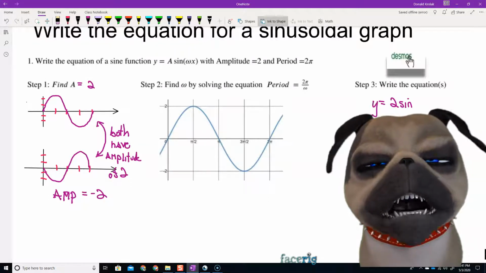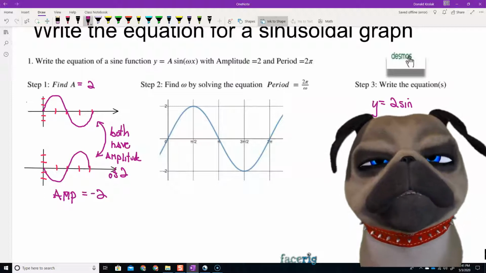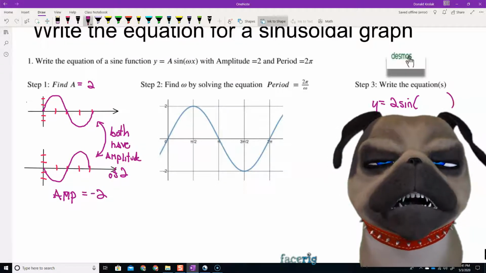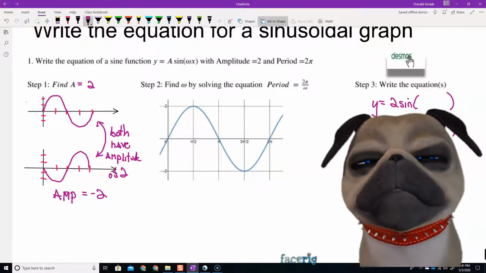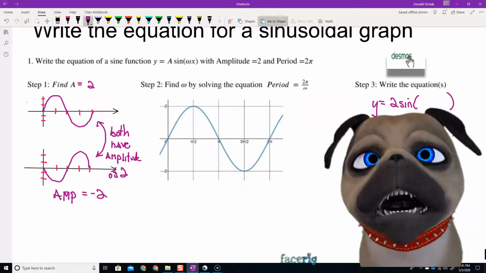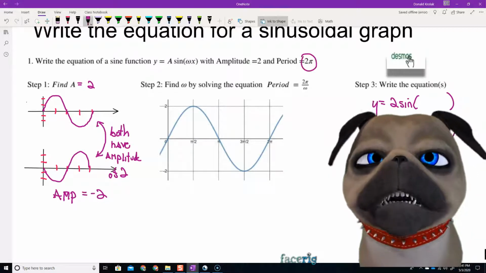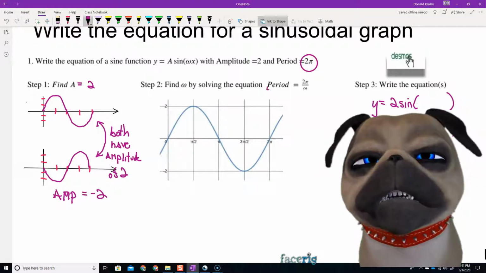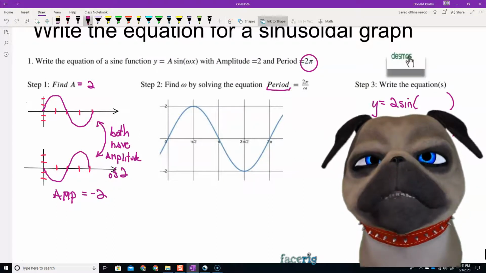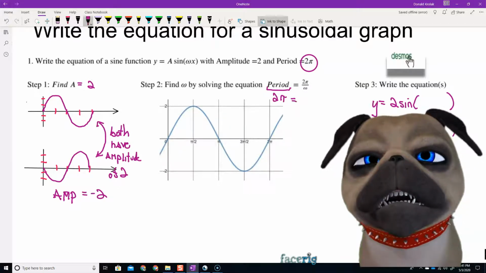All right, now what we have to do is figure out what the frequency is. Okay, the frequency was how many times we see the function between 0 and 2 pi. All right, so if we look at this, we're told that the period is 2 pi. So I'm going to take this formula here. I'm going to take out the word period and put in 2 pi.